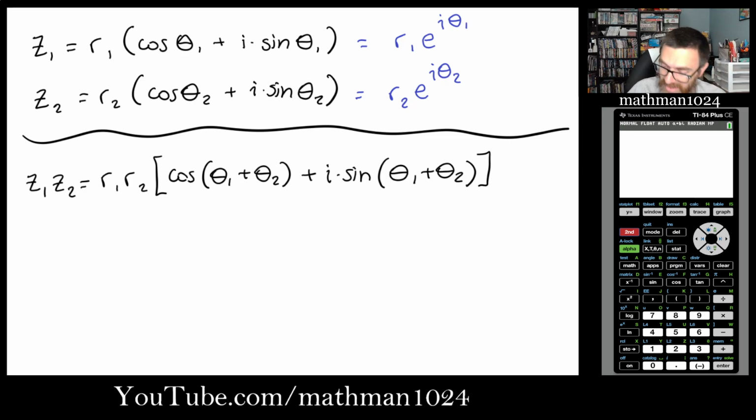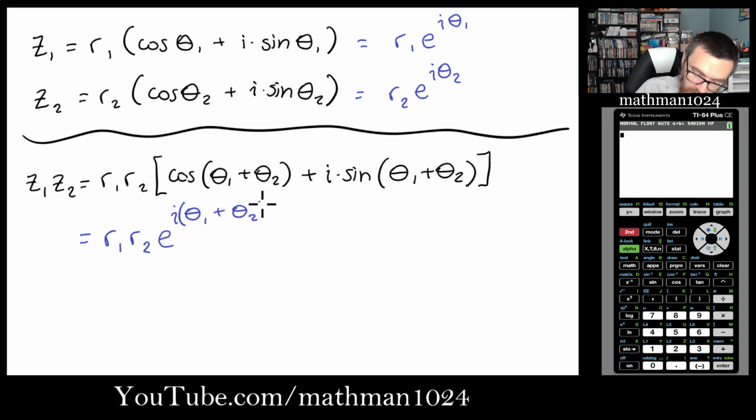In terms of the exponential form, this would be r sub 1 r sub 2 e raised to the i times, and you would add these angle measures up there. Okay, so that's multiplication. It really does simplify some things. If you know your r and you know the angle, it's very, very quick and easy.